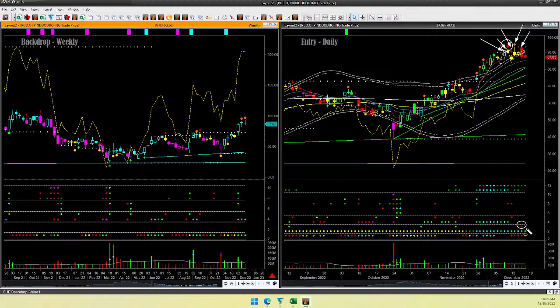Thursday also created a reversal candle at price extreme high. PDD is already at jump thrust high. Friday's candle shape is bearish. Very small candle, could not go up.